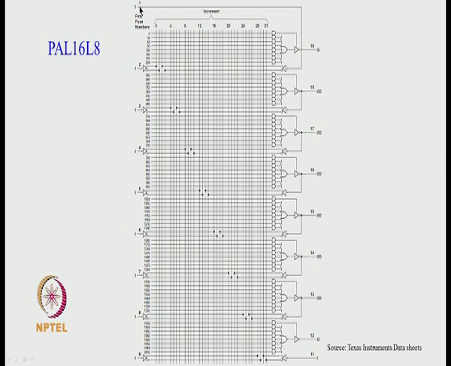Now assume that for some function at least one input has to be there. So say A is connected here, B is connected here, so for this AND gate, A and A bar are connected to an input. Irrespective of whether the input is 0 or 1, this AND gate output will always be 0, and that is disabled. So if you want to use only 3 AND gates, no problem.